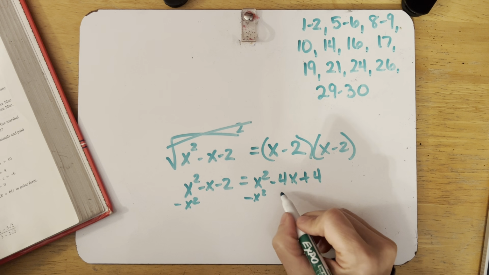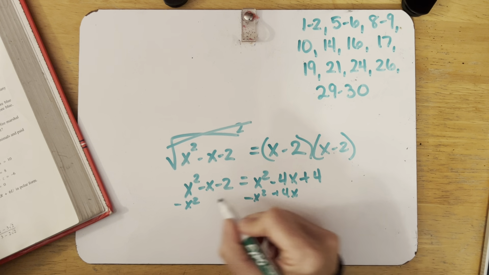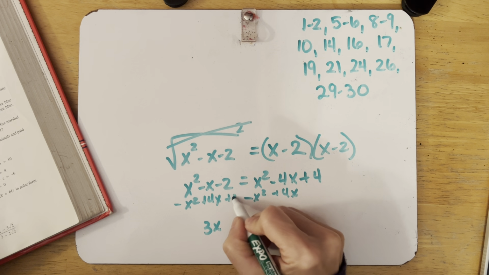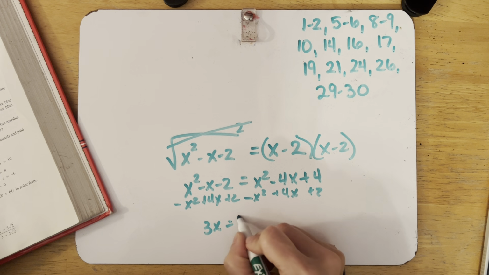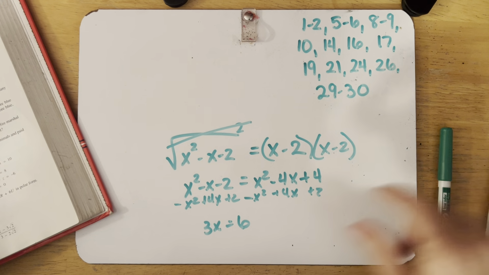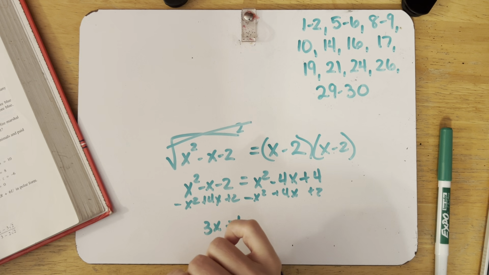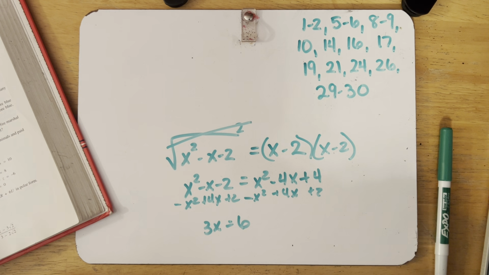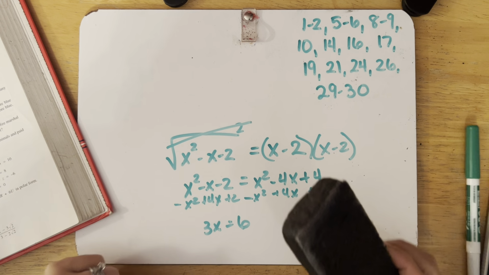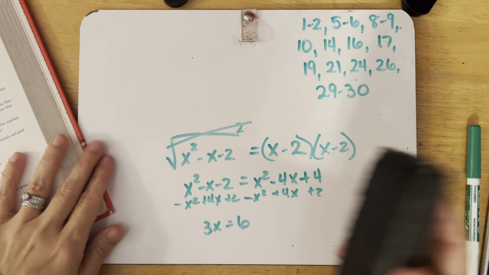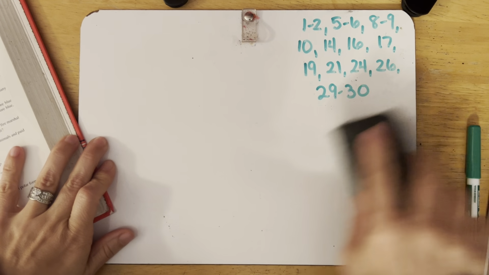I'm going to add 4x to both sides and add 2 to both sides. Okay, and then you should be able to solve for x. Then you need to plug it back into your original equation and see if that actually works, because sometimes it doesn't work and then your answer needs to be undefined or not able to solve or something to that effect.